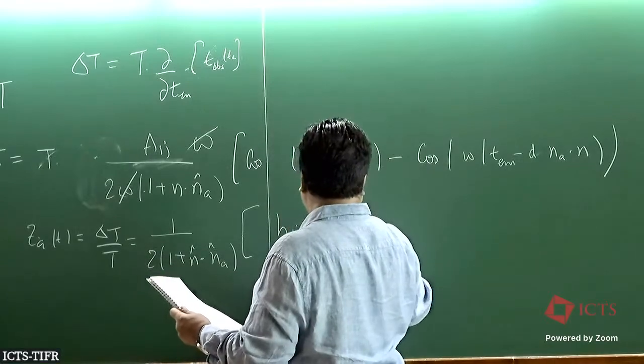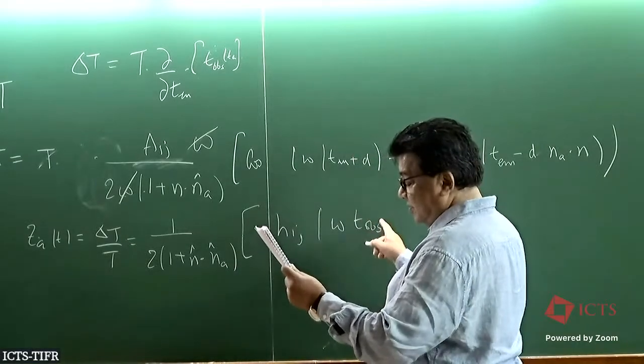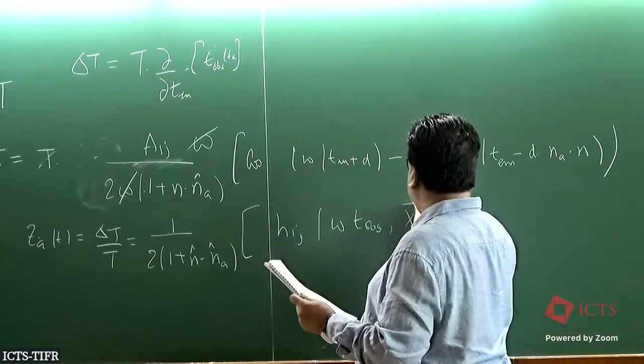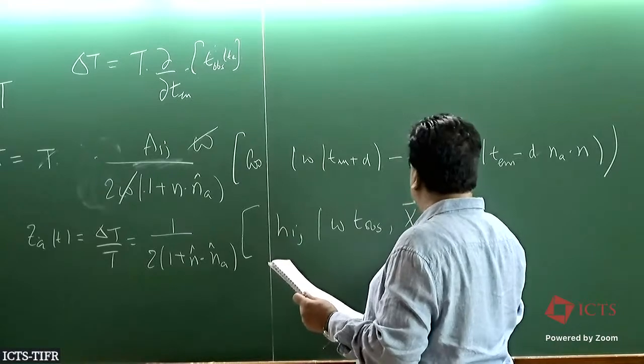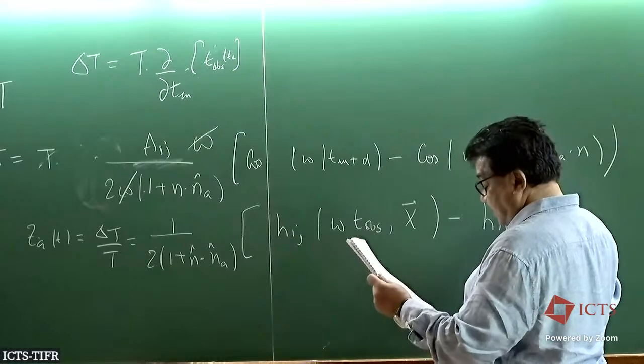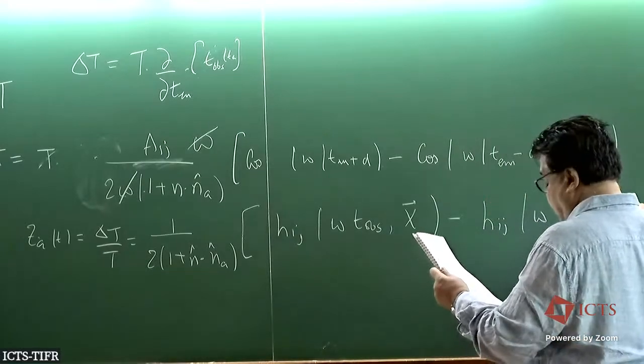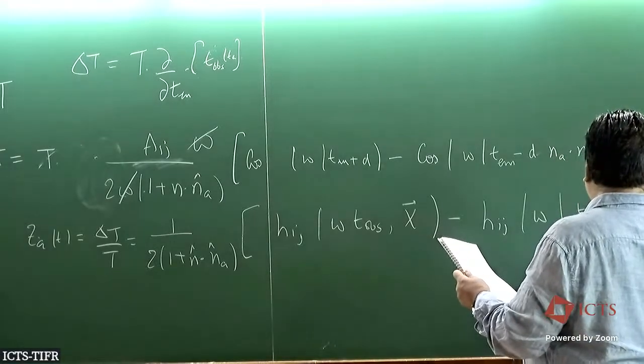And this I'll write as a general Hij again, just to interpret what it is. This is T observation, emission plus D is just the observation time, and here x is equal to 0, minus Hij of omega T emission, Xa dot n.